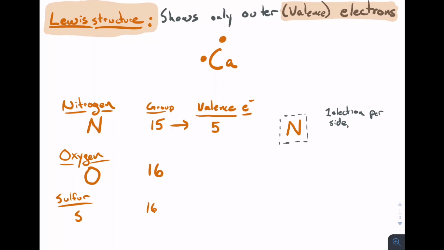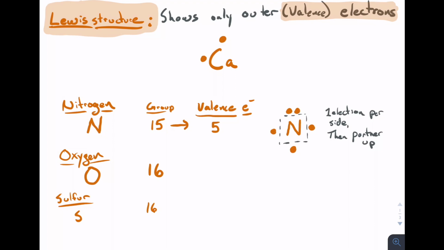Since nitrogen has 5, we can start putting them in: 1, 2, 3, 4, and then you wonder what to do now, since it says 1 electron per side. Once you get to 4, if you still have more valence electrons to show, you can go back and partner them up. It doesn't matter where they go; I typically just put it up on the top. So that's what the dot structure for nitrogen would look like.